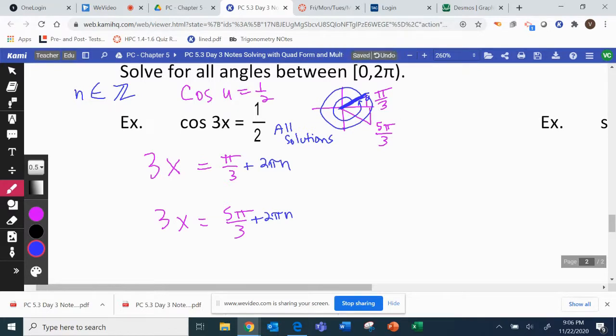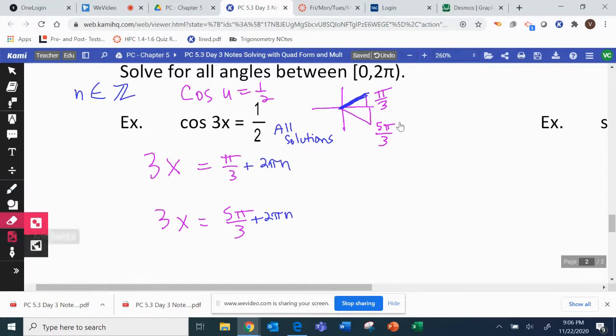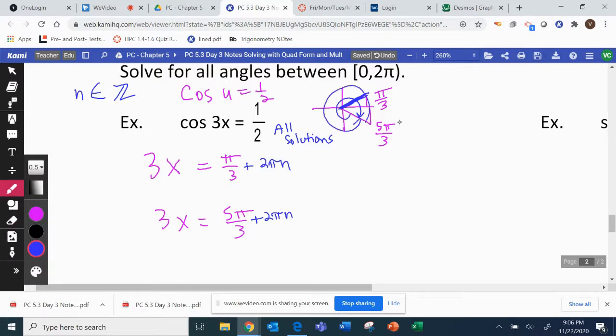Or we could go the other direction and take away 2 pi, and that would still get me to the exact same location, but it will never get me to 5 pi over 3. So I had to have that other answer, that 5 pi over 3, adding on 2 pi as well, or subtracting 2 pi, whatever direction I decide to go.